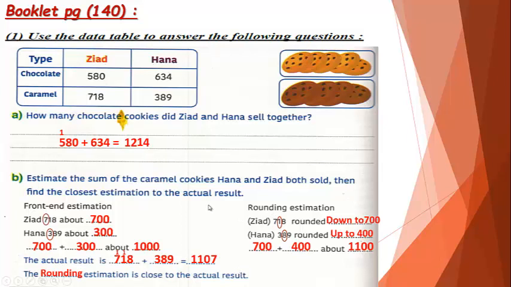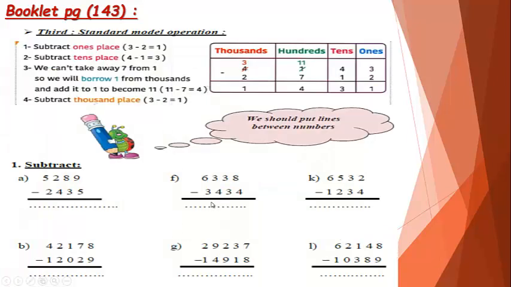Okay. Let's turn to the last part that we have today, which is subtraction. If we want to subtract two large numbers, it's the same as addition, same steps, but we have a small difference here. In subtraction, I'm just going to start from the ones as we are doing in addition. Start from the ones place and then tens and then hundreds and then thousands.